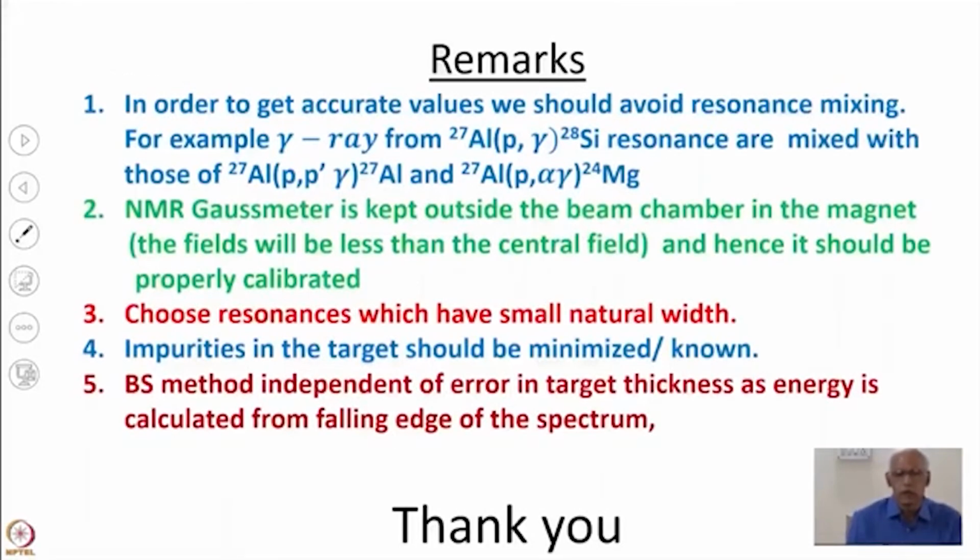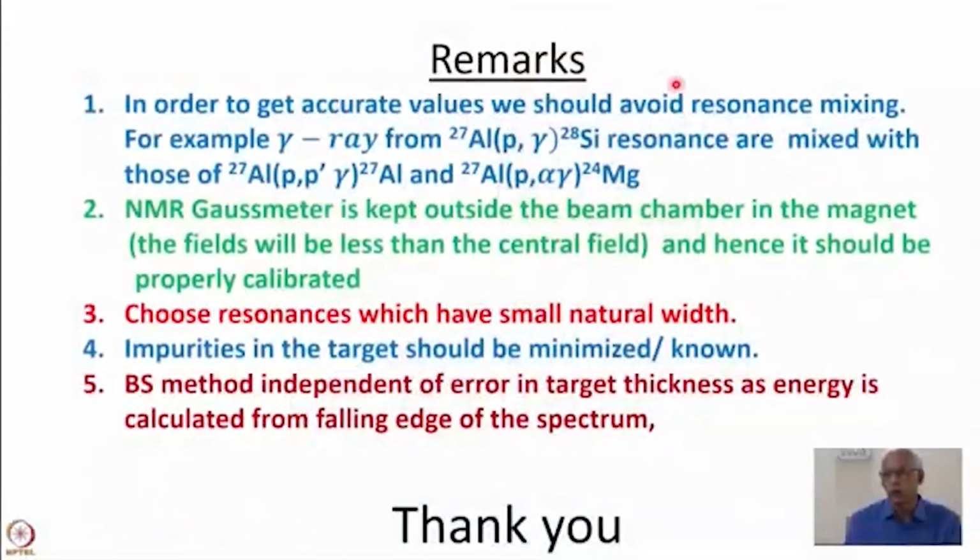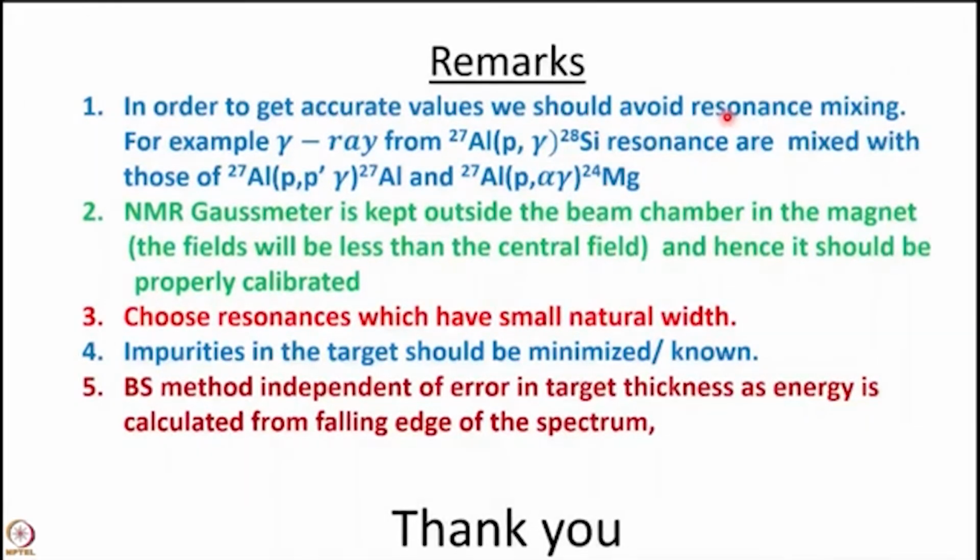So at the end, I would like to make remarks that in order to get accurate values of energy, we should avoid resonance mixing. See, for example, if you have 2-3 resonances, they should not be very close to each other, because otherwise the determination of the energy will become difficult. So you should avoid close by resonances. For example, gamma rays from 27Al(p,γ)28Si resonances are mixed with those of (p,p′γ).